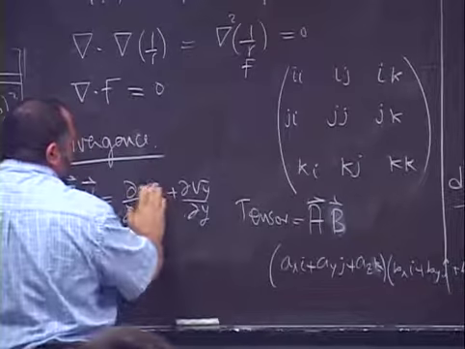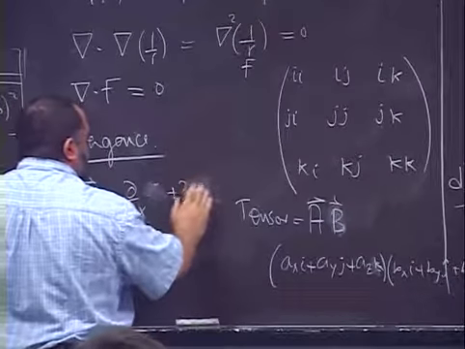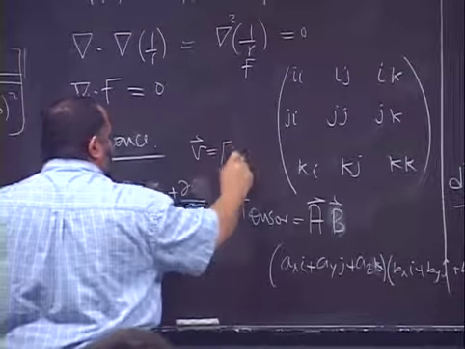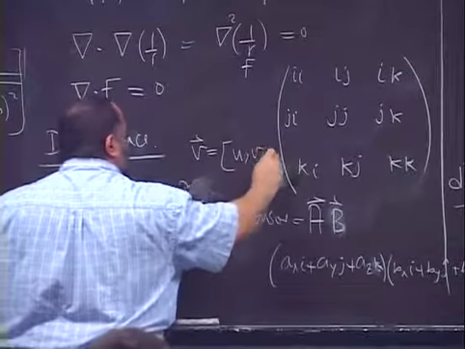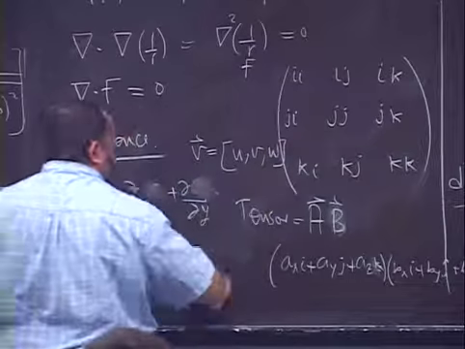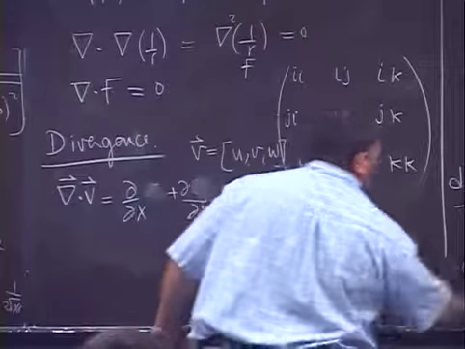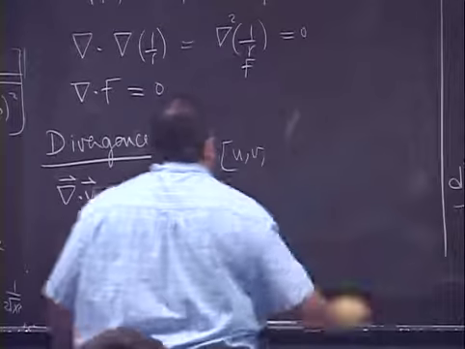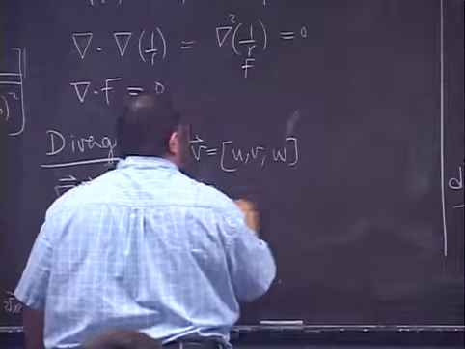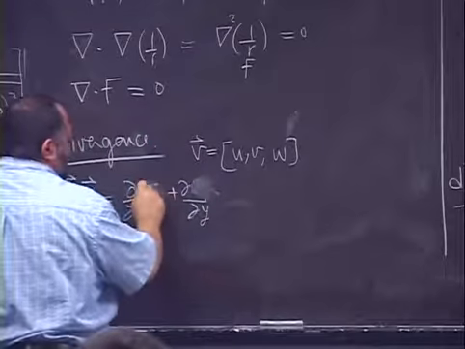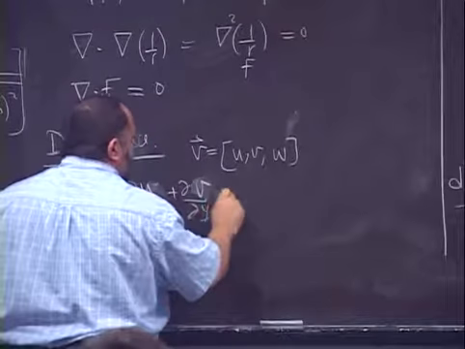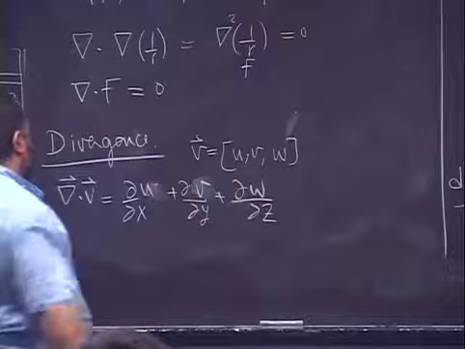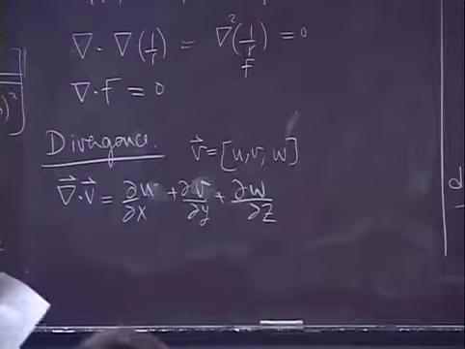Let's assume that the three components for the velocity field are u, v, and omega. So this is du by dx, dv by dy, and d omega by dz. So this is a vector field, and this is the divergence of a vector field.